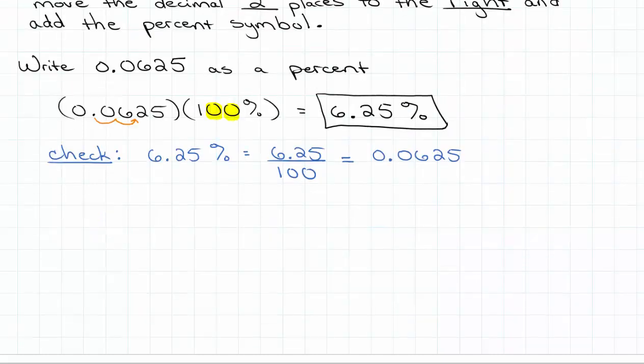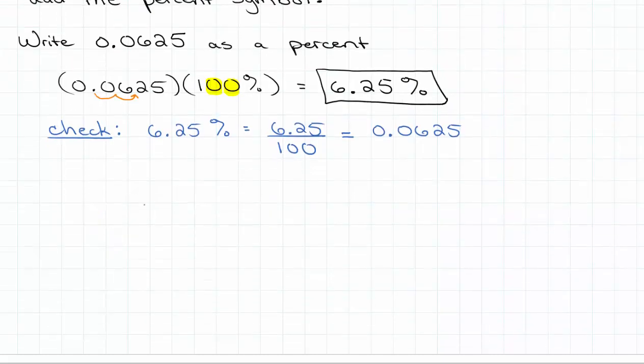You can actually show the work for that if you don't have a calculator. 100 divided into 6.25. Bring the decimal directly up. 100 does not fit into 6. 100 does not fit into 62. 100 fits into 625 6 times.